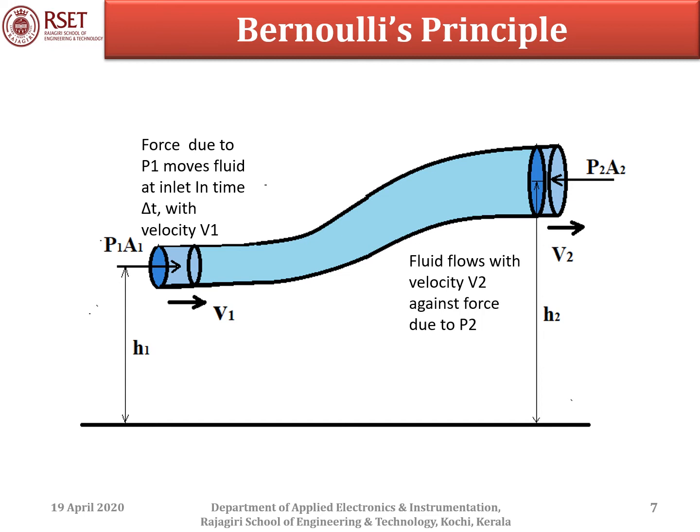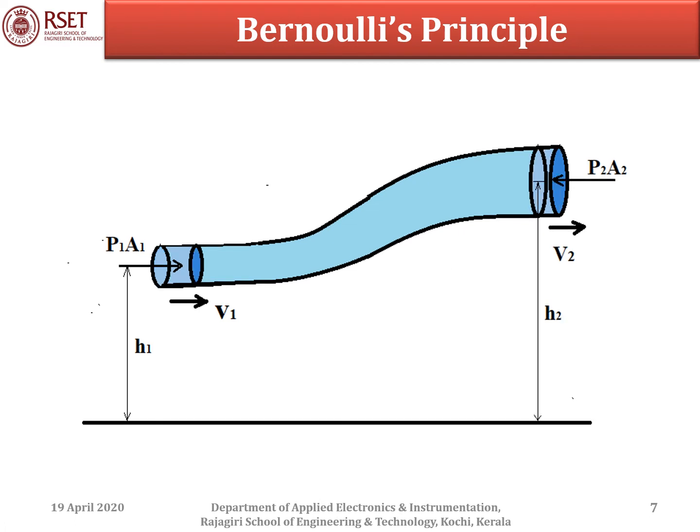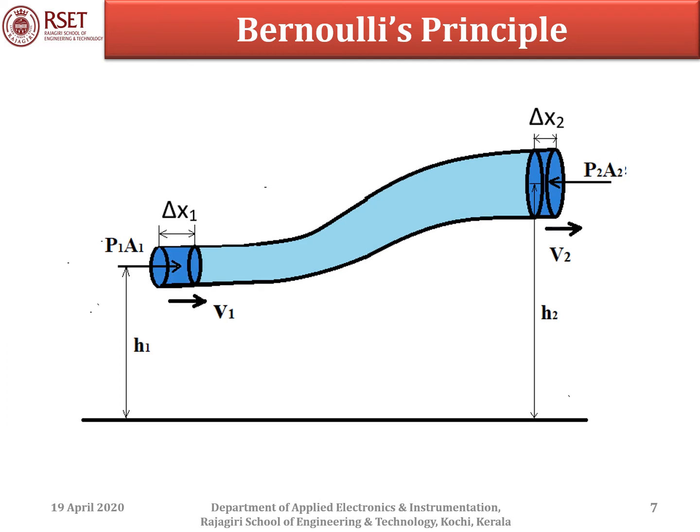So we assume that that section is moving to the next marked section during time delta t. The section on left has moved, and similarly the section on right has also moved. Now the volume on left and right are both equal, but the distances will be different. Delta x1 will be different from delta x2.